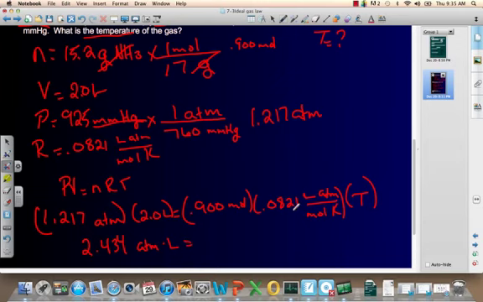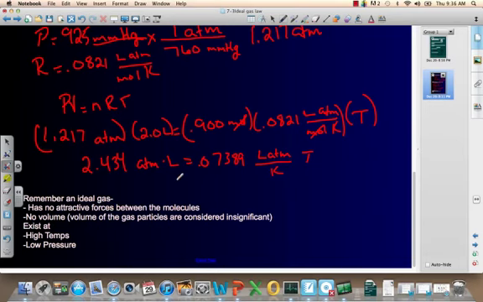All right, so now I'm going to simplify. 0.9 times 0.0821 is equal to 0.07389. My moles will cancel right here, so I don't need to worry about that. So liters atmospheres over Kelvin. Now I need to get T by itself, so I'm going to divide everything by 0.07389.